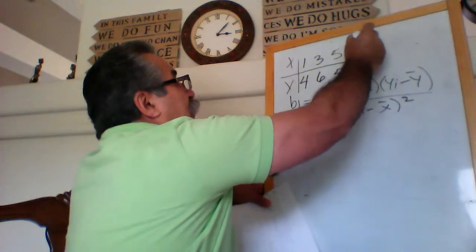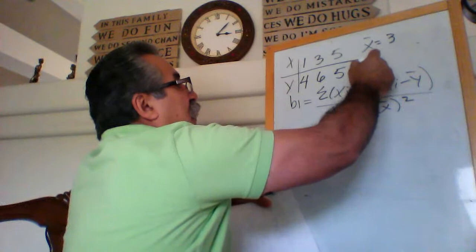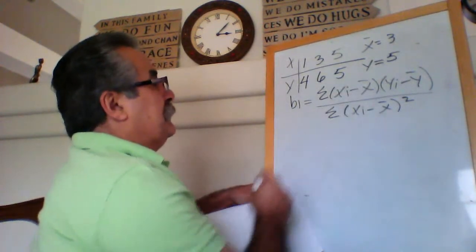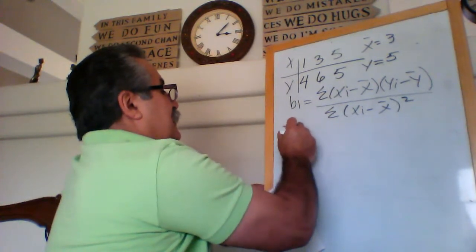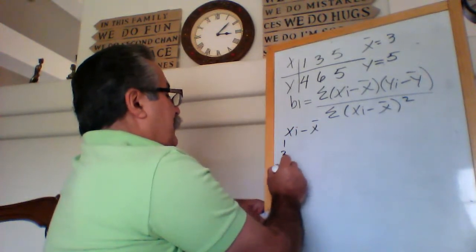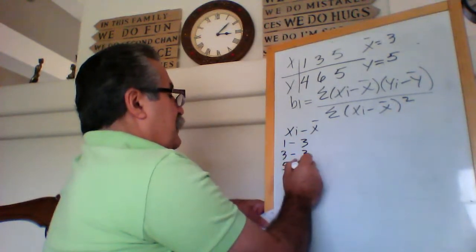So x bar in here is going to be equal to 3, and y bar is equal to 5. xi minus x bar: xi we have 1, 3, and 5, minus 3, minus 3, minus 3.